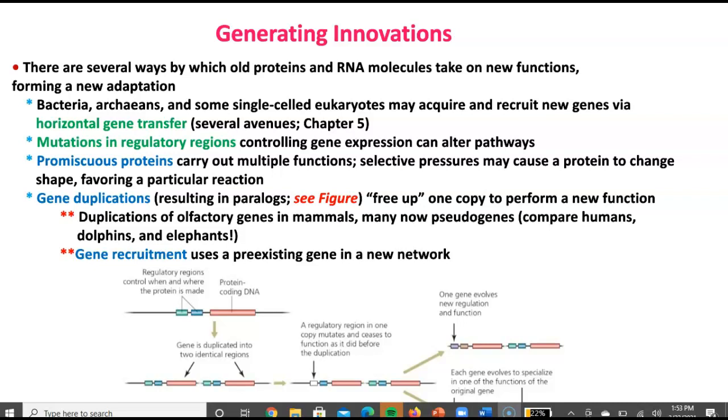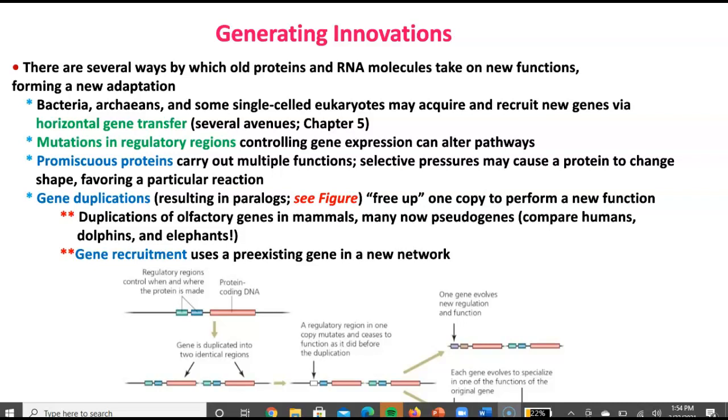So if you compare humans, which have a mediocre sense of smell, to dolphins, which have a horrible sense of smell, and elephants, which are really the kings of olfactory senses, they have thousands of olfactory genes that are all operating. Gene duplication has enabled these different lineages of mammals to have different olfactory senses.